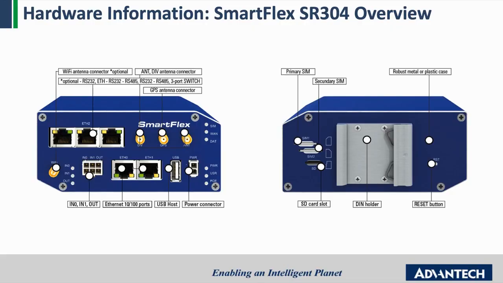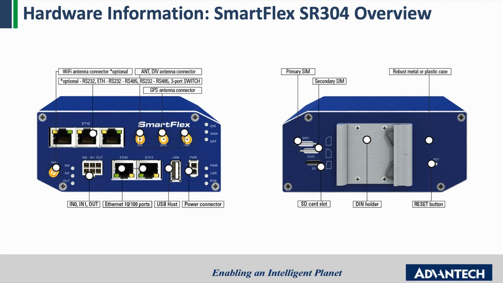So the hardware for this particular SmartFlex, you can see that you have 3 antennas. 2 of them are required for LTE diversity. 1 of them would be used for GPS and location. This particular model that comes in the package has 3 Ethernet ports in addition to the 2 standard Ethernet ports for LAN and WAN.